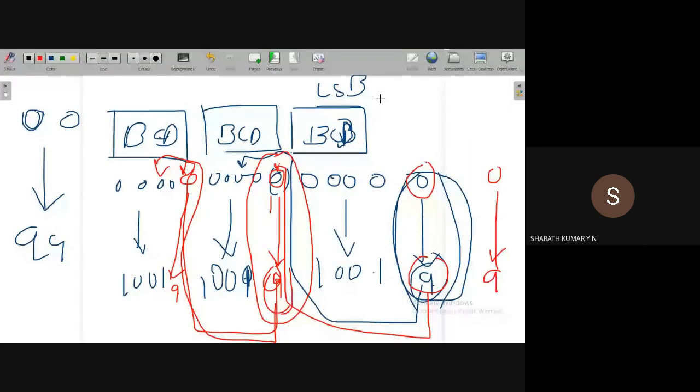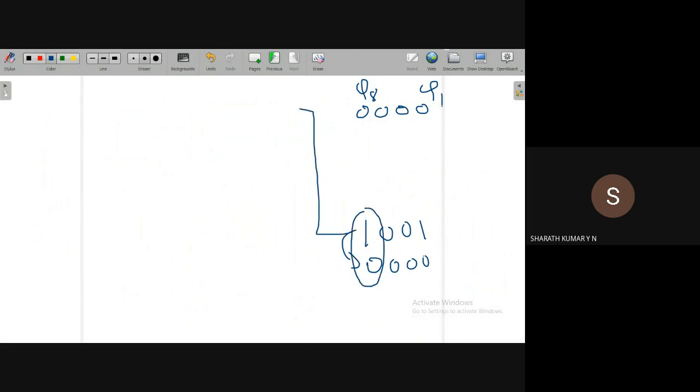Please let us understand like this. Let me take one more page. There are three counters. The first counter starts from 0000 and reaches 1001, and the next state is 0000. This is Q8, this is Q1. This high to low transition will trigger the second stage, which is initially 0000.